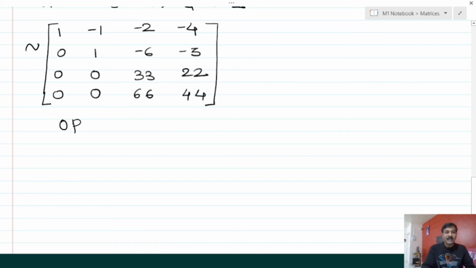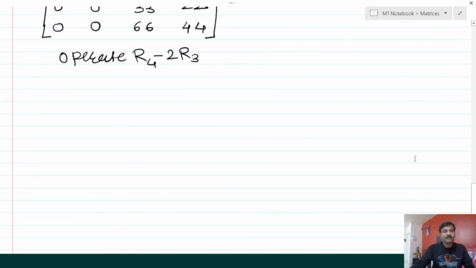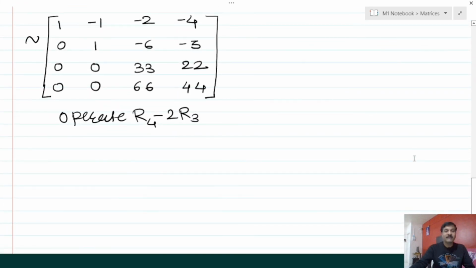So that is why operate R4 minus 2 times R3. So I am using this step only for the simplification, means simple calculations. Otherwise I have to divide by 33, and it will be difficult for the further calculation. So to avoid such difficult steps, I am doing this.